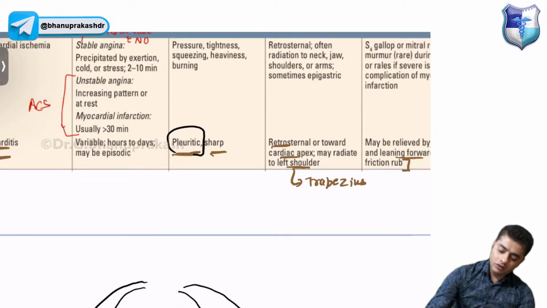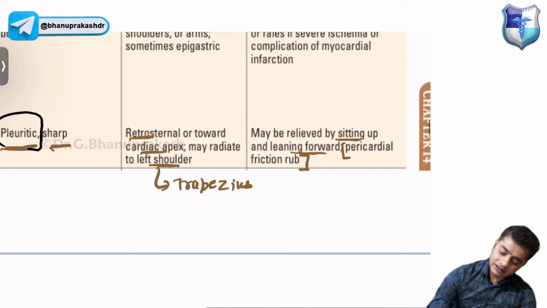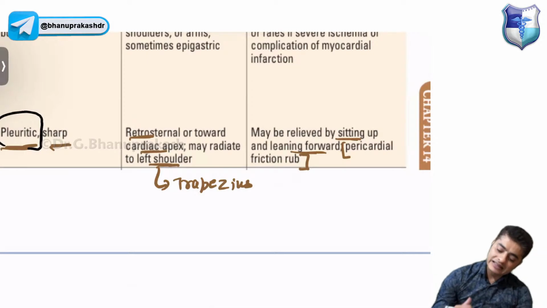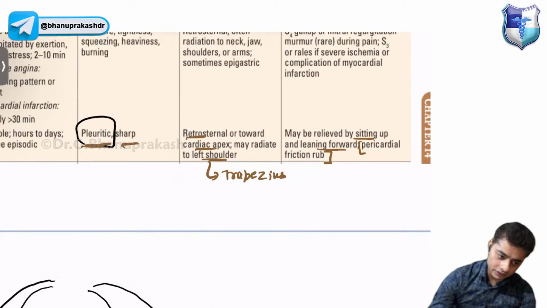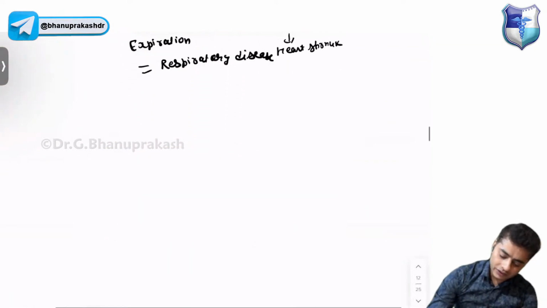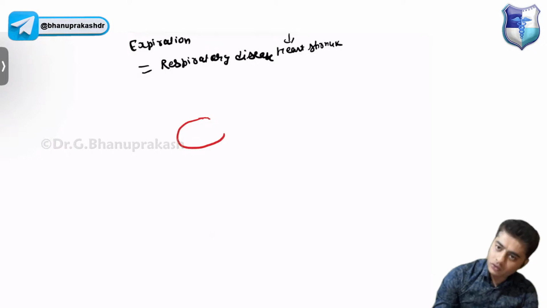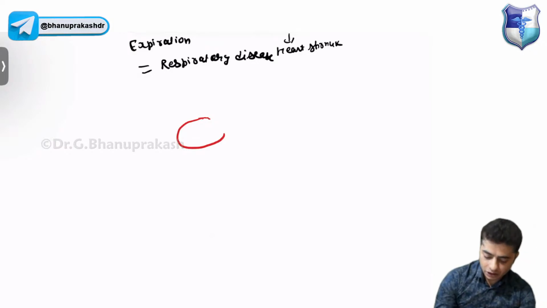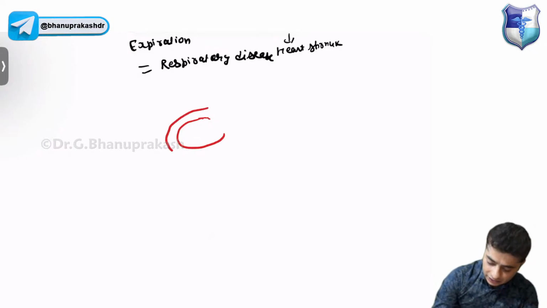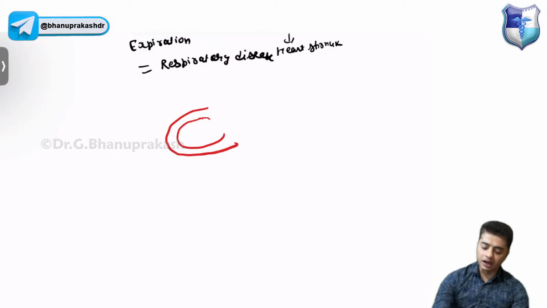Now, the other thing we are seeing here is that this pain may be relieved by sitting up and leaning forward. Suppose this is your heart. When you are in supine position, what will happen? Your heart is filled with blood.